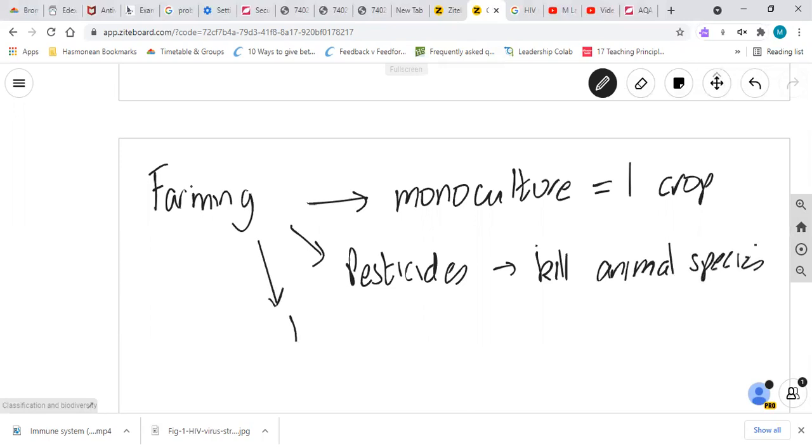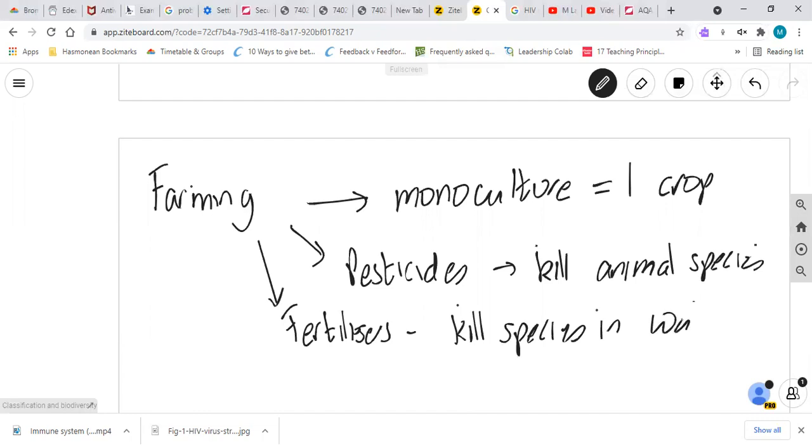If you use fertilizers, they might kill species in the water when they wash into the rivers and streams. Okay, you might do deforestation, which means you're going to kill plant species.